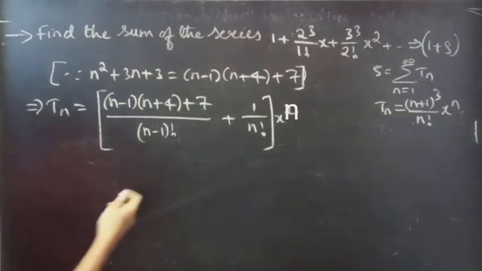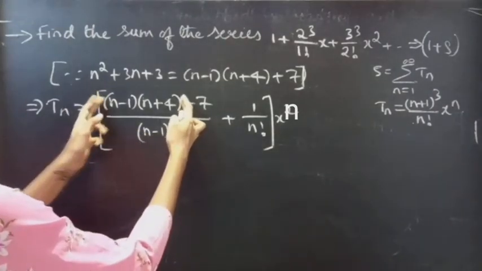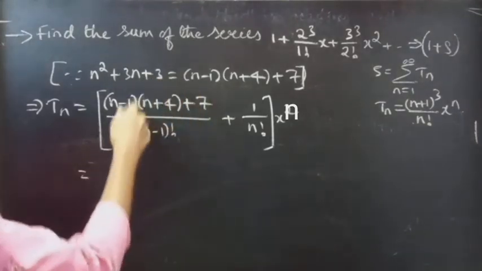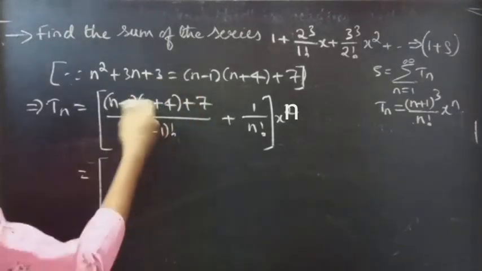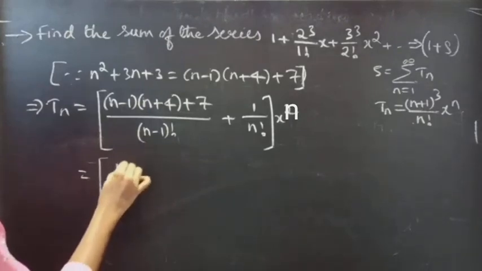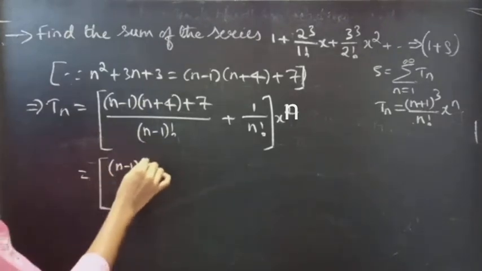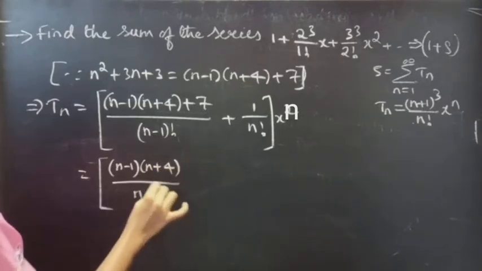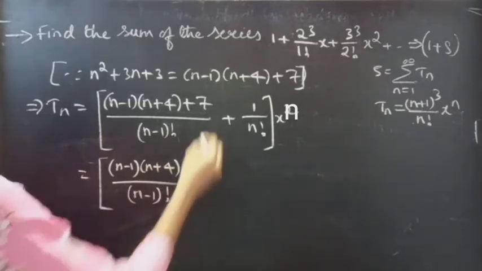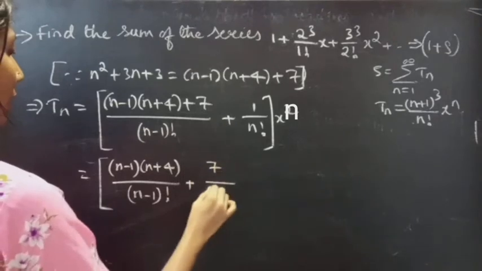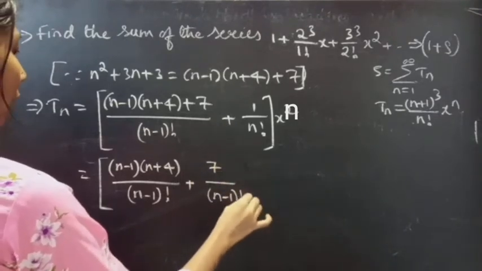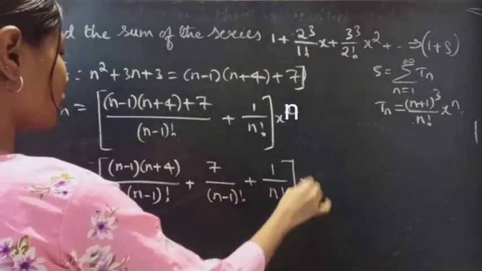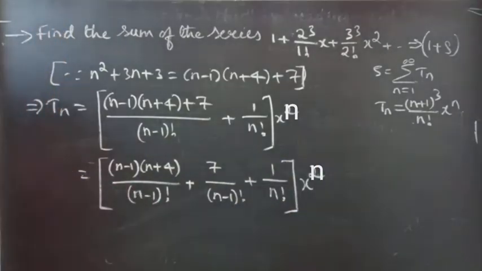Now consider this as one term and this as the second term. We'll split the first fraction into two fractions: (n minus 1) into (n plus 4) by n minus 1 factorial plus 7 by n minus 1 factorial plus 1 by n factorial into x square.